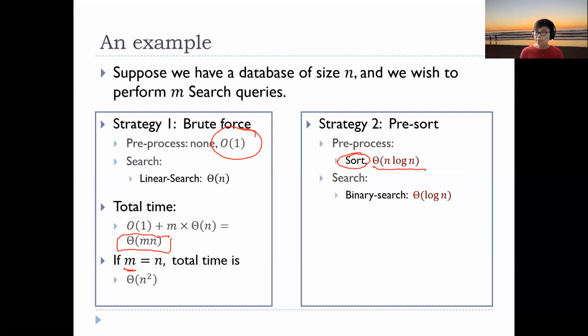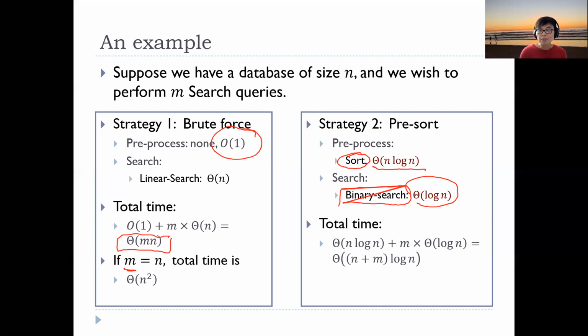However, what is the benefit? The benefit is that your database is now sorted by key. To perform a search, we're going to use binary search in the sorted array, which we're going to talk about today. We're going to see that binary search in a sorted array only takes log n time for each query.